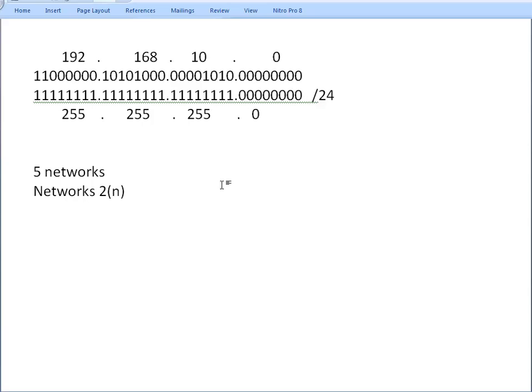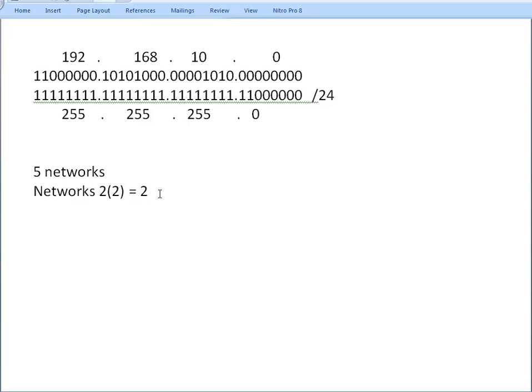Okay, 2 to the power n, and then we have to calculate how many zeros we have to change into ones to make enough for 5 networks. If we did 1 bit, that wasn't enough before. We tried that. So 2 to the power 1 was equal to 2. That's not enough, so we're going to borrow another bit. Borrow 2 bits, here we'll change n to 2.